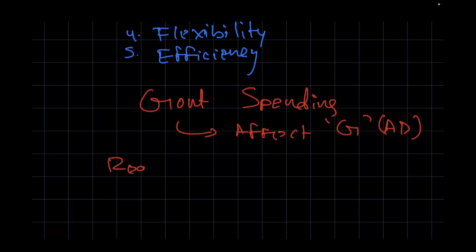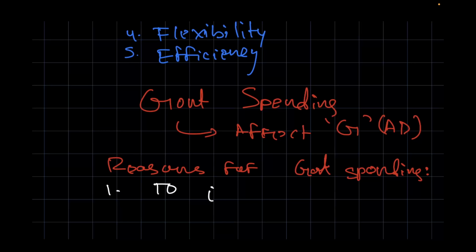So what are some reasons for government spending? So some reasons for government spending are: number one, to again influence economic activity. So that is the basic idea.